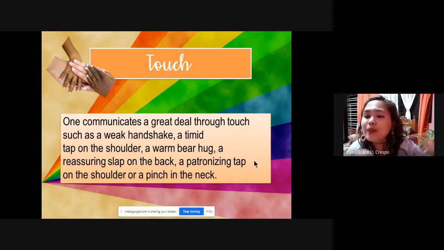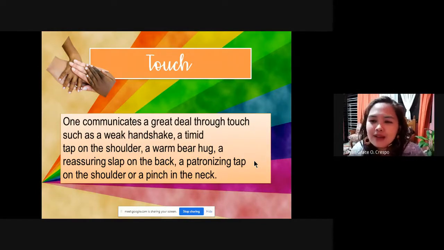And of course, some people, especially those in sacred countries, do not like to be touched. Especially if a male person will touch a female person, no. And before, during the Spanish era, sometimes if a man just hugged you, you were already married. So, there are others who did that. Okay, now it's no longer like that. Okay, it's different now. So, before it was like that. So, it depends on the culture.